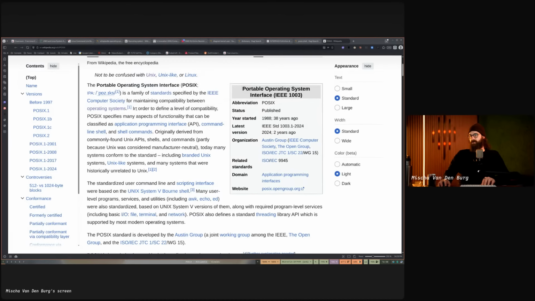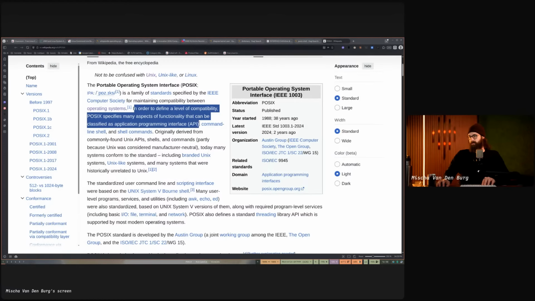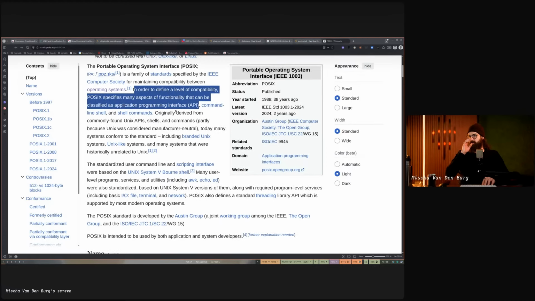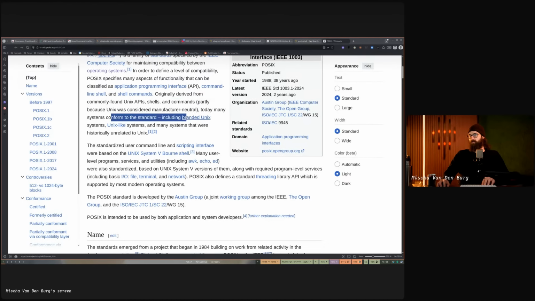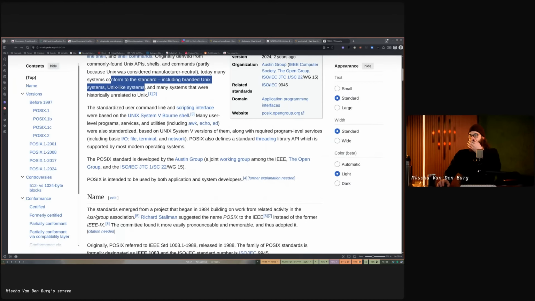Okay. So in order to define a level of compatibility, POSIX specifies many aspects of functionality that can be classified as an API, command line shell, and shell commands. So originally derived from commonly found Unix APIs, shells, and commands, partly because Unix was considered manufacturer neutral, many systems conform to the standard, including branded Unix systems, Unix-like systems, etc.